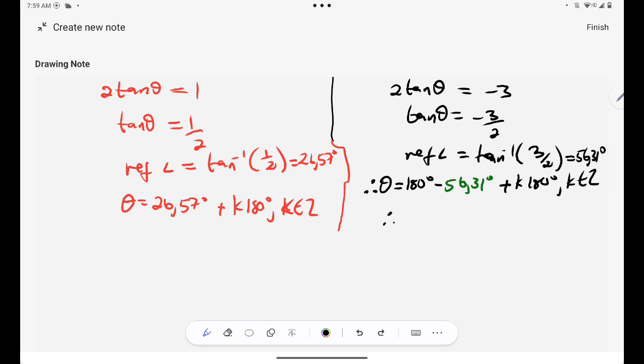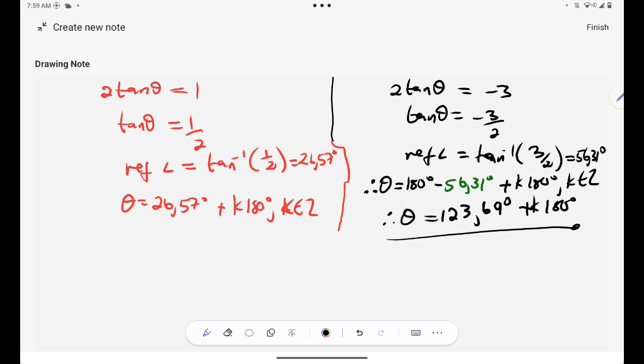So this thing simply means that theta is equal to 123.69 degrees plus k 180. That's how you find general solution, guys.